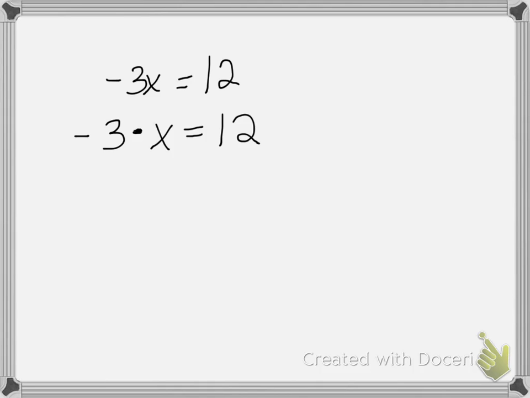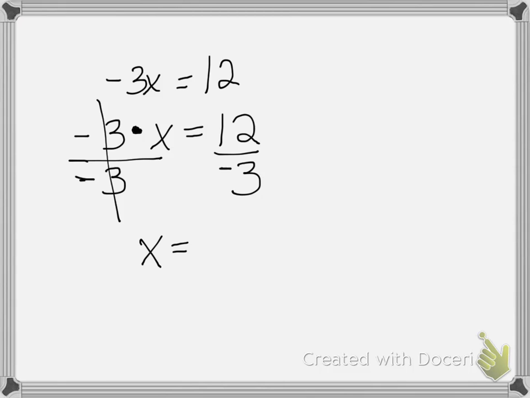In order to get rid of this, I've got to do the inverse operation. So the opposite of multiplication is division. So I divide by negative 3. Whatever I do on one side of the equal sign, I must also do on the other. Negative 3 over negative 3 is just 1. 1 times x leaves me with x. A positive divided by a negative. Remember our song, multiply or divide, it's an easy thought.